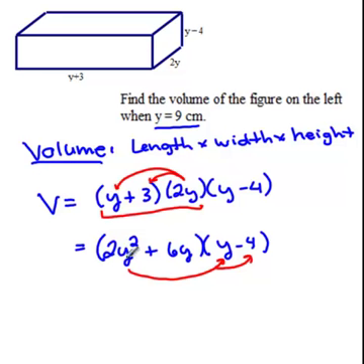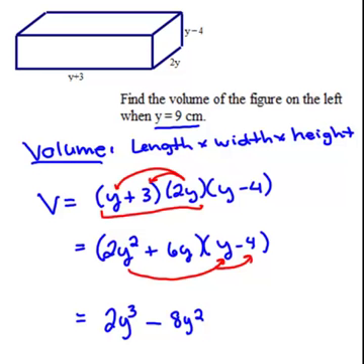So 2y squared times y, that's 2 times y times y times y, which we will write shorthand as 2y cubed. Here, 2y squared times that minus 4. Notice the sign is negative. Signs are different, so I'm going to have a minus for my answer here. 2y squared times my 4 is 8y squared.